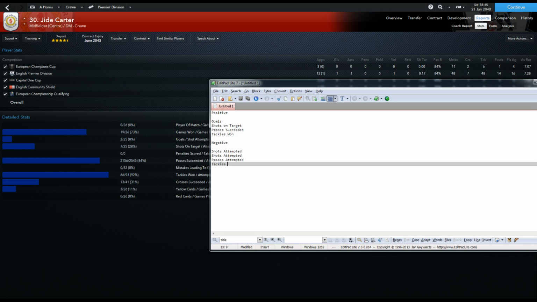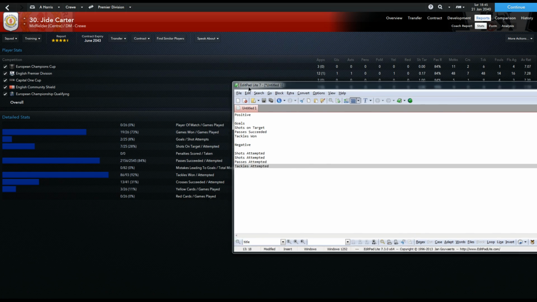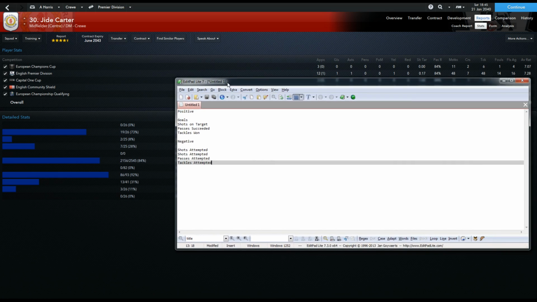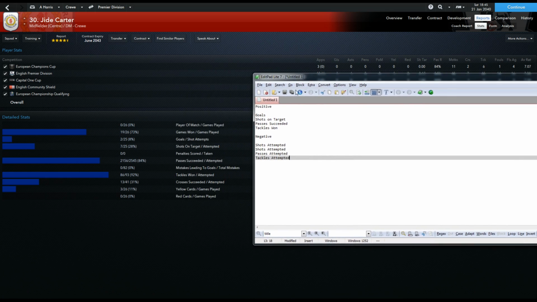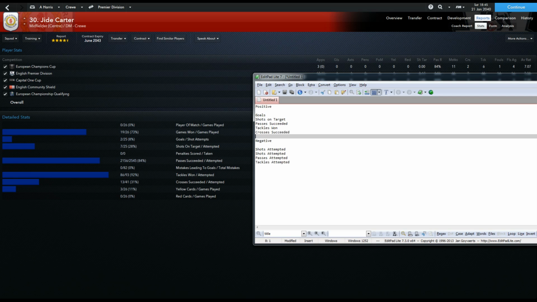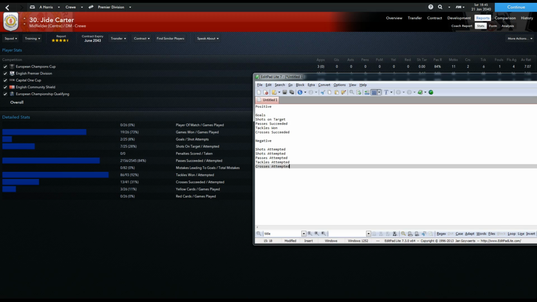The reason I paused for a second is I was looking at mistakes leading to goals and mistakes. I'm not really sure yet how to incorporate that into the equation. So I'm still working on that. Like I said, this is very rough. So crosses succeeded, and then crosses attempted.